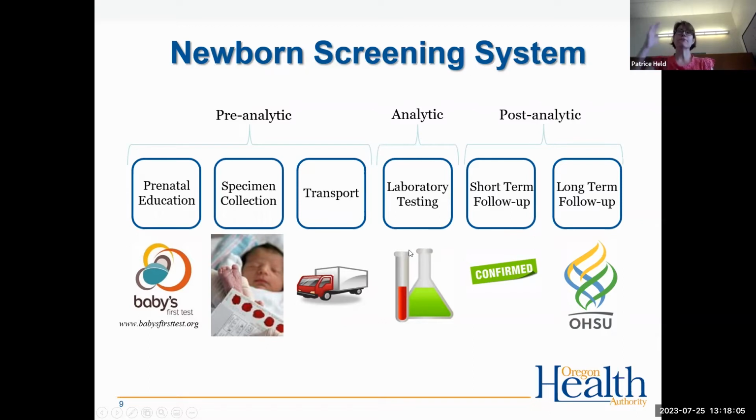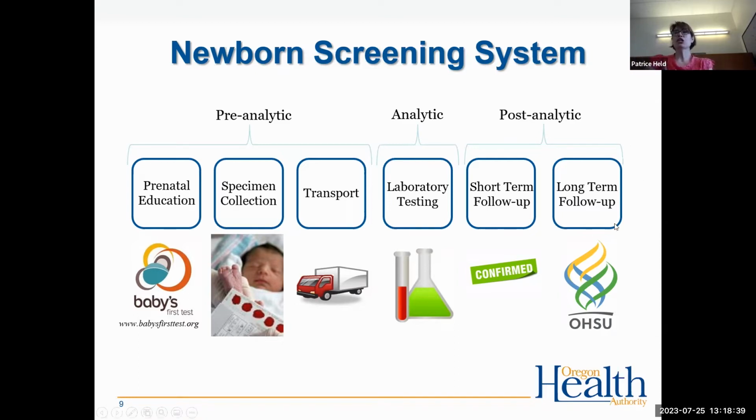On the flip side of testing is really the post-analytical pieces of the program that encompass both short-term follow-up and long-term follow-up. So as you know, this is a screening test. So any screening result that the laboratory generates needs to have confirmatory testing performed to confirm the presence of the disease. And short-term follow-up ensures that every screen positive result has a definitive diagnosis.